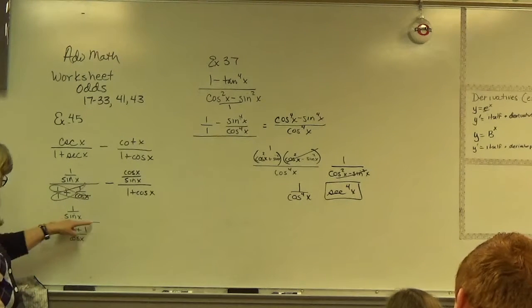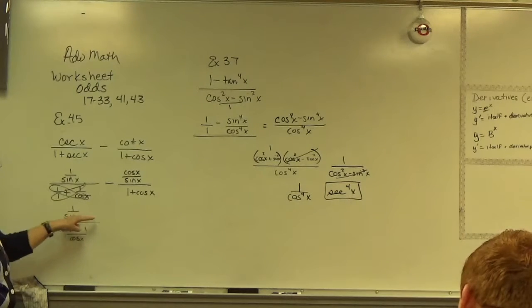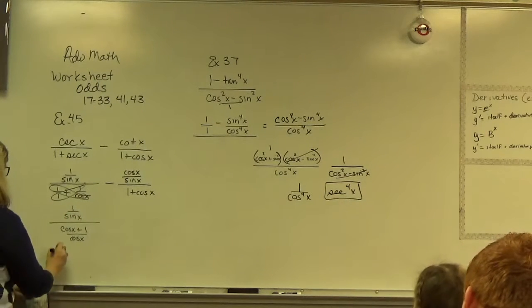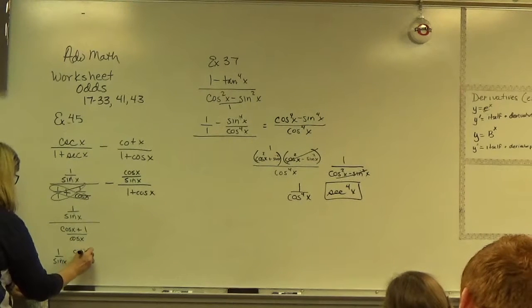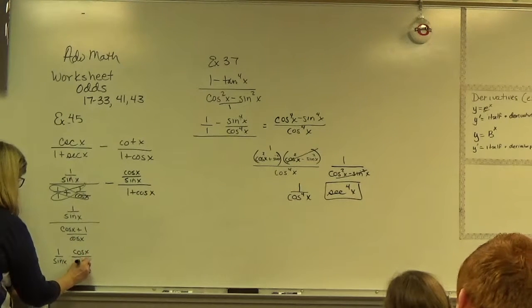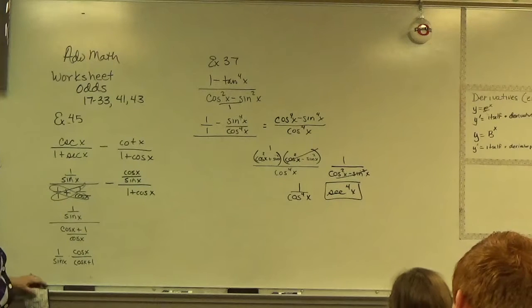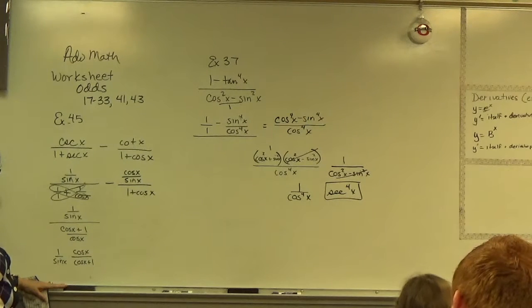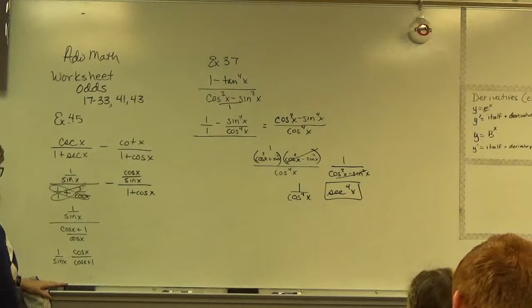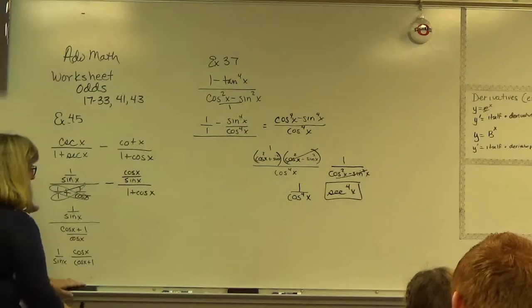Now, what's this mean again? Divide. So that means you multiply by the reciprocal or you invert it, whichever way you'd rather call it. So I've got cosine over cosine x plus 1. Is everybody okay with that one to that? Hold on. Are we gonna go ahead and multiply? We can.